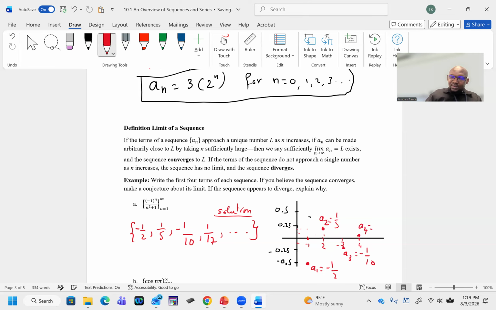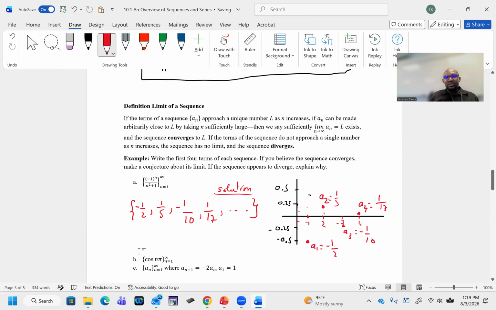If you follow this pattern, of course, the numbers change from positive to negative, but they all approach 0. Does that make sense to everyone?